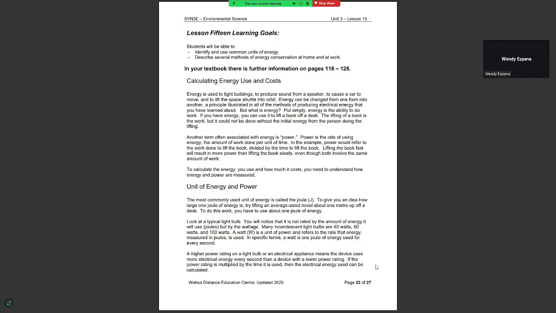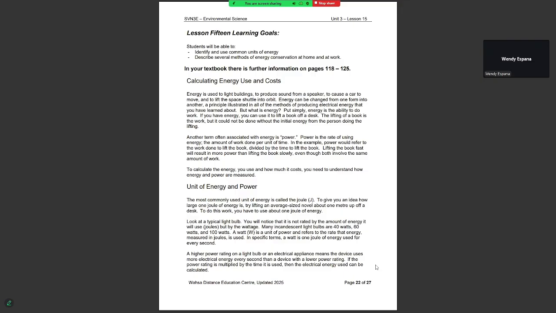Now then I guess the question is, what do we define work as? Work is when we use a force to move an object a distance. Okay, to lift something up, to push something. That's work. When we need to move an object a certain distance is work.